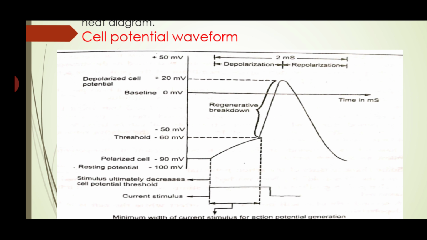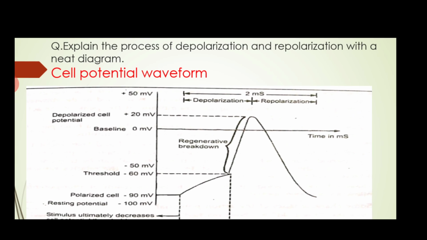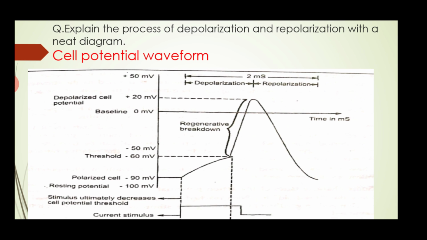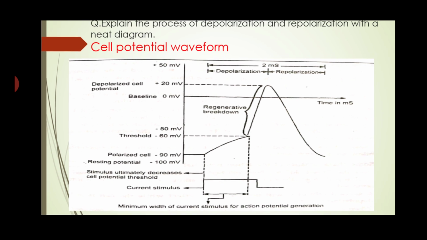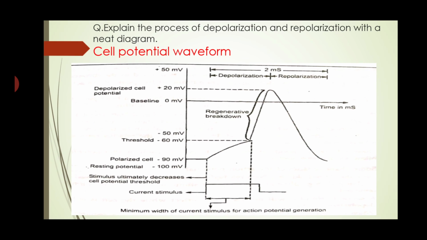Once it reaches minus 60 millivolt, then you can remove the stimulation. Up to that point you should compulsorily show the stimulation waveform. Then the potential is generated rapidly up to plus 20 millivolt, and then you get the repolarization of the cell. So you should show each voltage value and notation for each point.